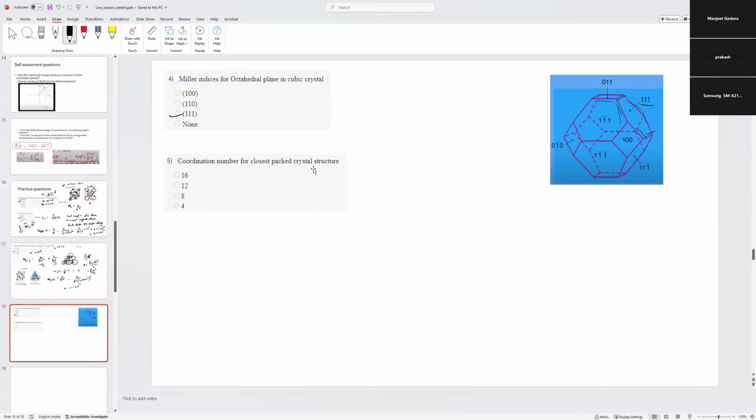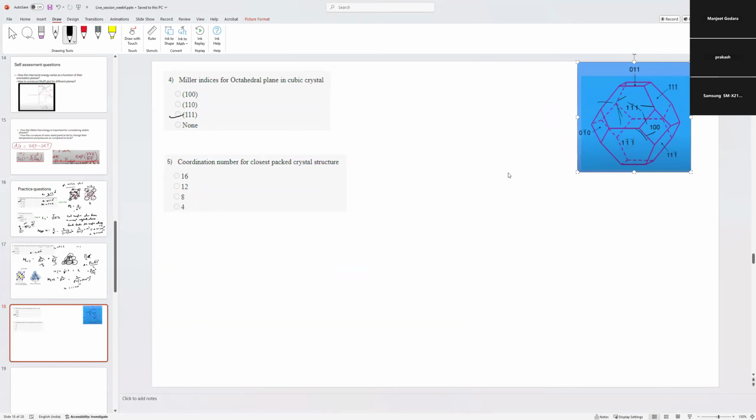Coordination number of the closest packed crystal structure we saw. For FCC, another way to draw it is the edge centered version.